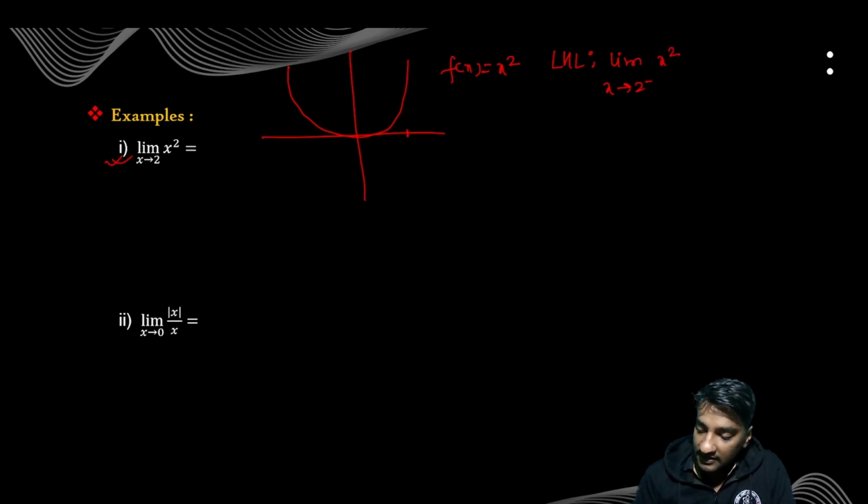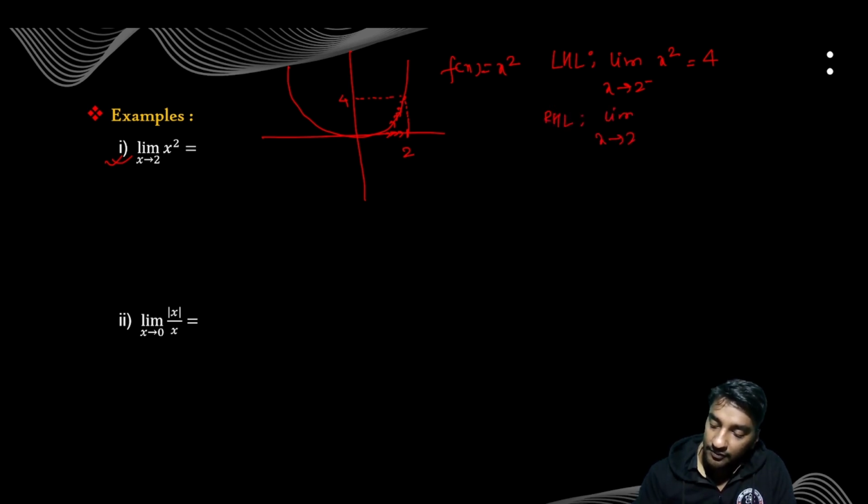Suppose this value is 2, and we know that somewhere around this is 4. So from here, on the left hand side, the function is approaching the value 4 only. Therefore, the left hand side limit is 4. Similarly, we'll calculate the RHL, the limit as x tends to 2 plus of x square.